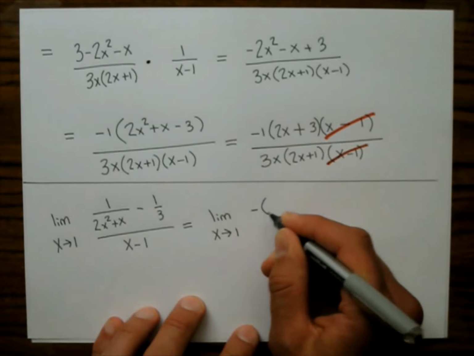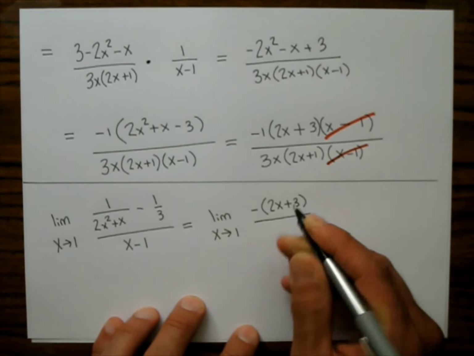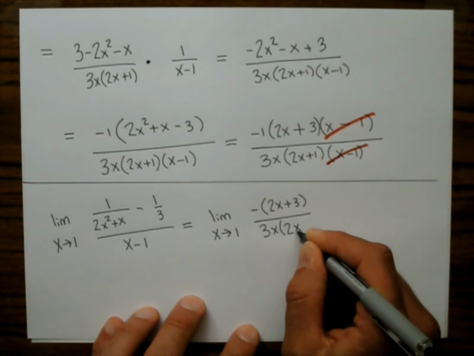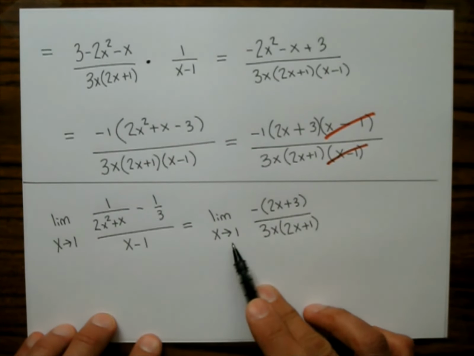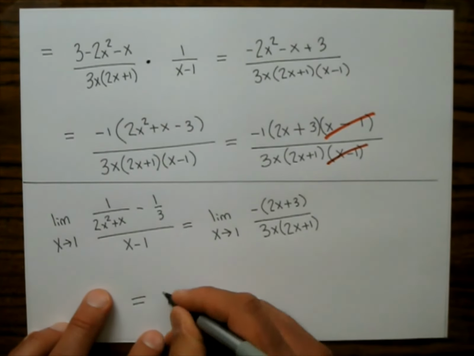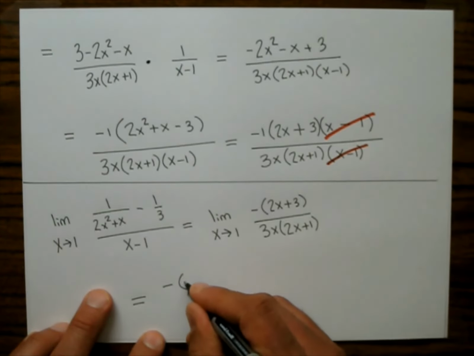So negative 2x plus 3 on the top. You don't actually have to write the 1 there. And then we have 3x, 2x plus 1. Let's go ahead and do a substitution, putting 1 in for x. So I don't have to write the limit now, and I have negative, putting 1 in for x, I have 2 plus 3 there. I'll write this out.